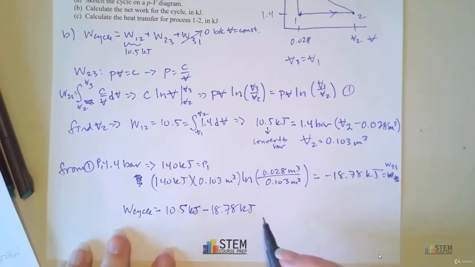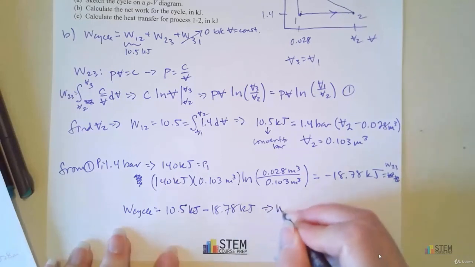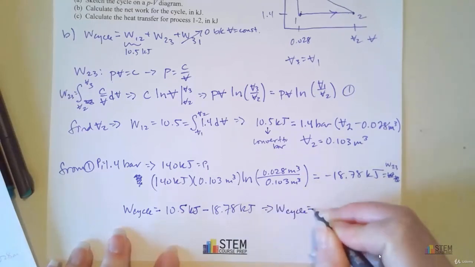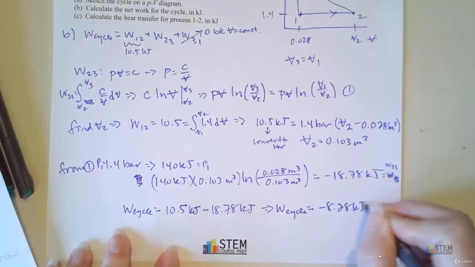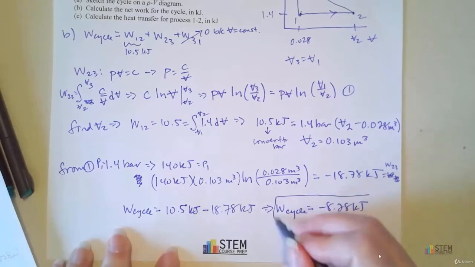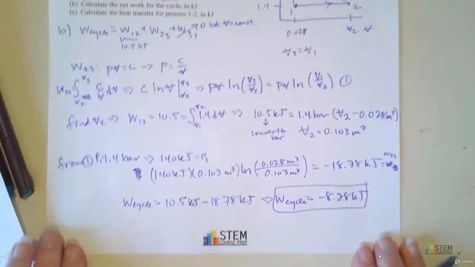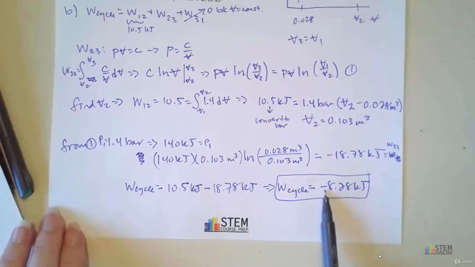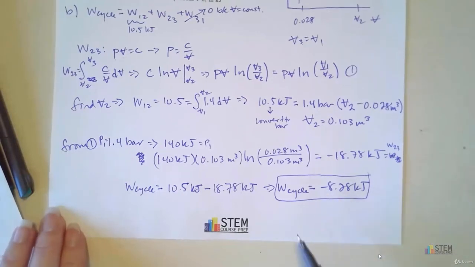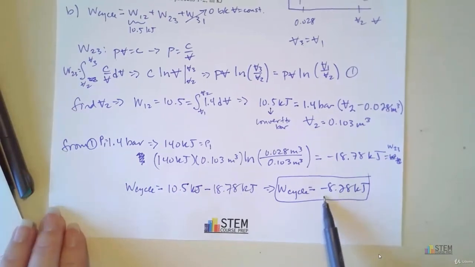And then work for 3, 1, that went to 0, remember. So now you just sum these up. So your net work is going to be negative 8.28 kilojoules. All right, so it's negative, so energy due to work is being transferred into the system or work's being done on the system.